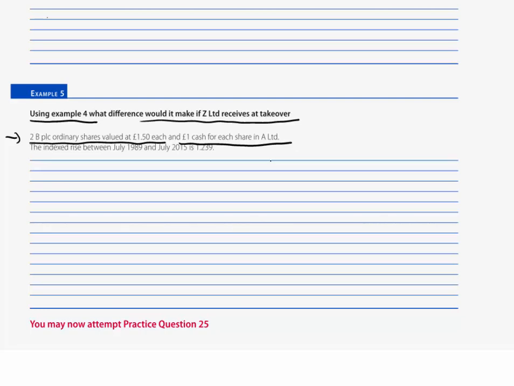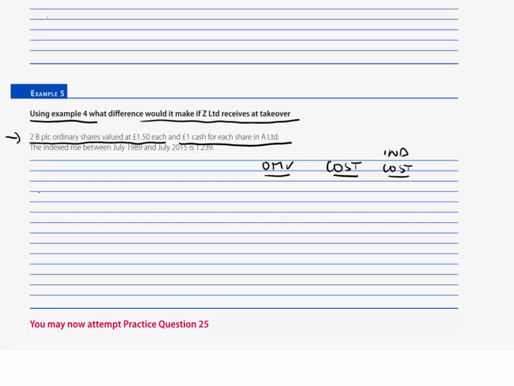The same working as we saw before. In relation to the terms of the takeover, list out the open market value of what it is you have received and use that market value to split out the original cost of your A Limited shares. And if it were provided, it is not, you'd also use those same values to divide index cost, were it to have been provided. It wasn't.